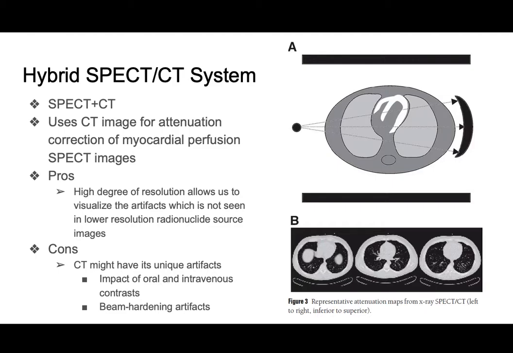A good thing about this system is that it has a high degree of resolution, which allows us to actually visualize the artifacts we're not seeing with the lower energy sources. But CT might have its own artifacts, such as beam hardening due to metal stents in the patient's body, such as coronary stents. So it is really important to study the attenuation corrections, but at the same time, we have to account for the multiple artifacts.